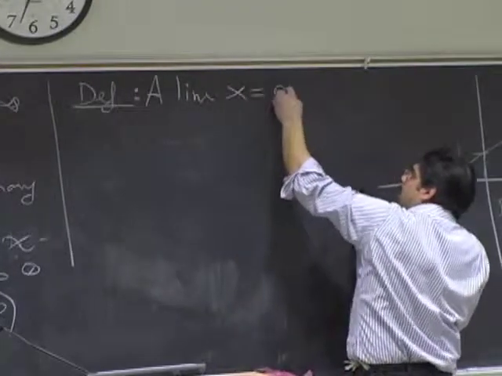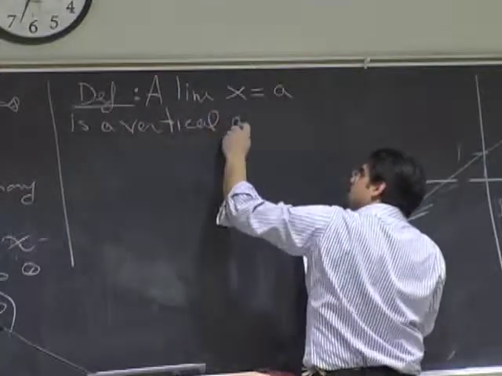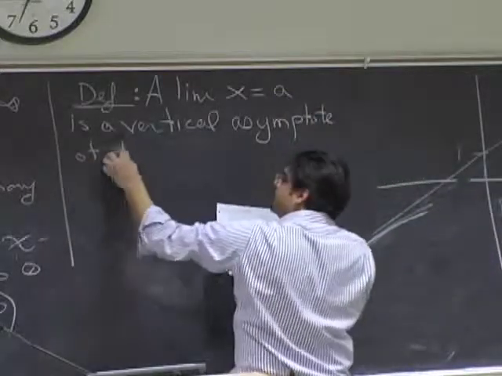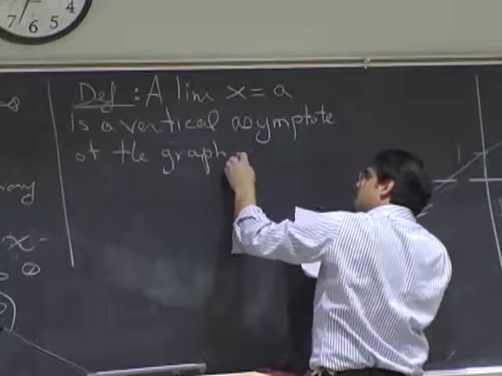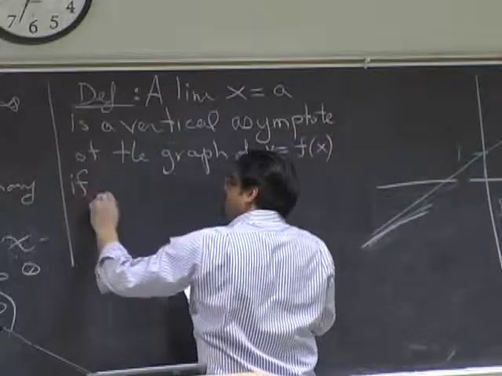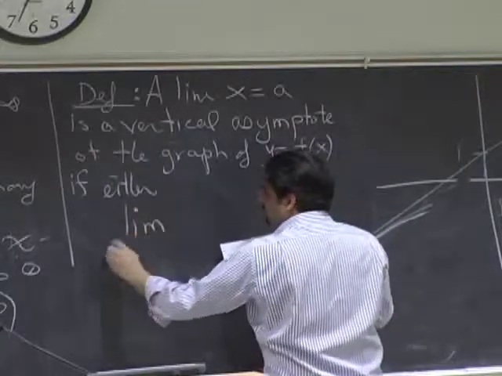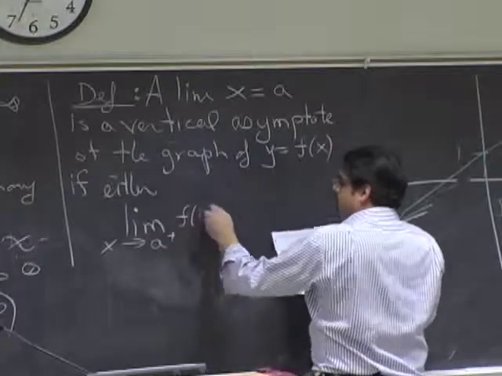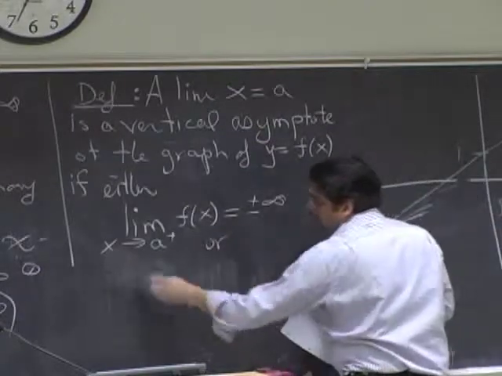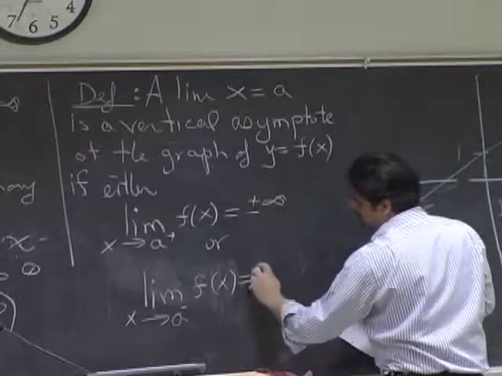A line x equals a is a vertical asymptote of the graph of this function f of x if either the limit from the right hand side to a is infinite, doesn't matter if it's plus or minus infinity, or the limit to the left hand side of a is plus or minus infinity.